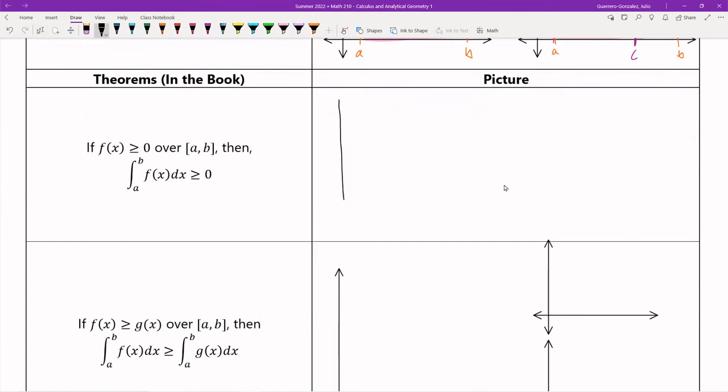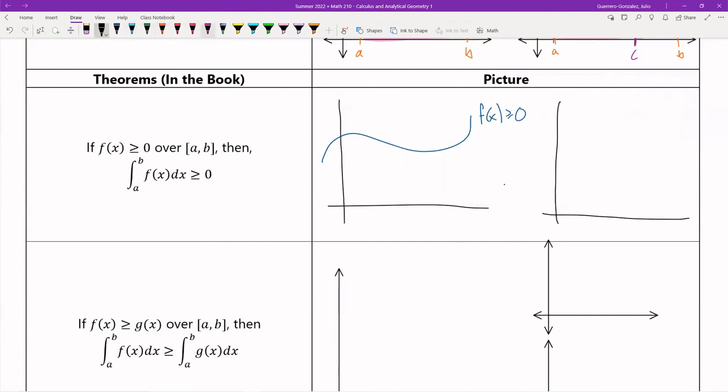So if f of x is bigger than or equal to 0, so let's say f of x is this, then you're guaranteed that the area between A and B, I forgot to do my A and B here, this area right here has got to be positive. I know this is sort of a no-brainer, but it needs to be stated.